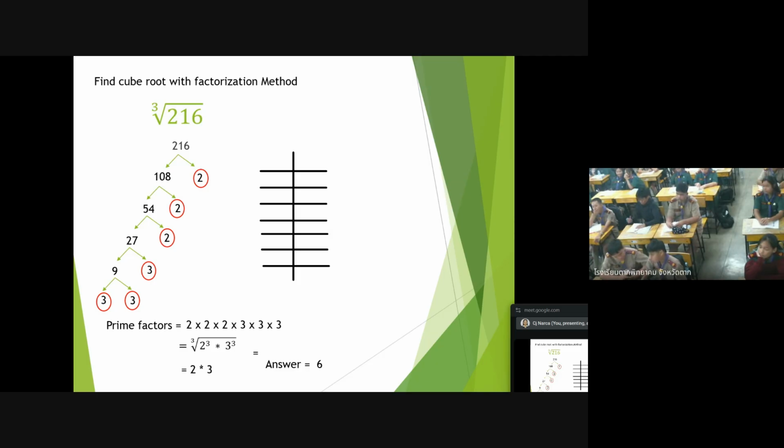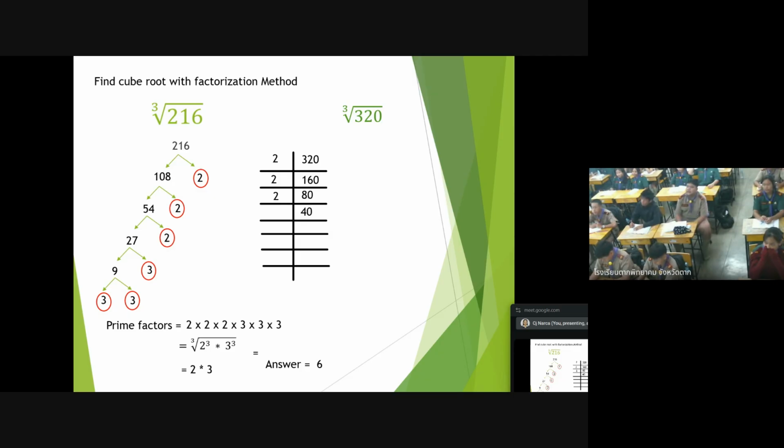Okay? So, next, how about long division method? So, as you can see, we just need to divide it. What is the answer? 320. Divide by 2. Okay, very good. So we have 160 again. Divide by 2. 80. Divide by 2.